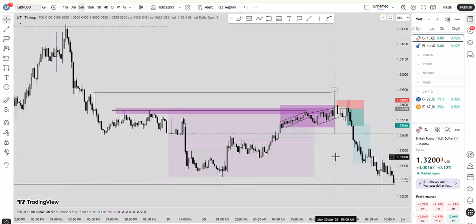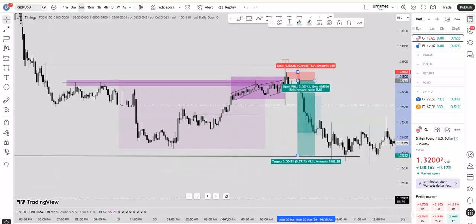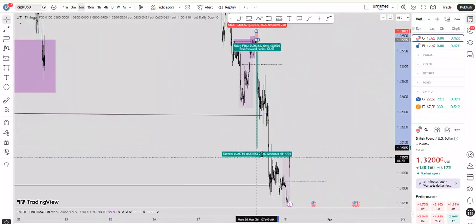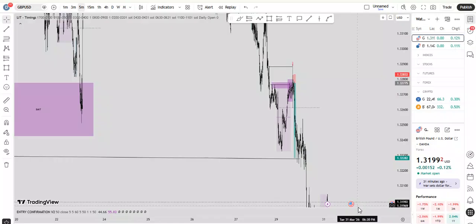The exit. In this case, Asia low. Or if you're going for the whole move, trying to take out all of the SMT, which is risky, but that's what happened. 16R, right? So that's how it's done. That's how it should be.